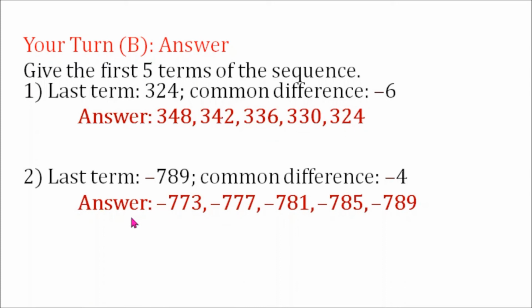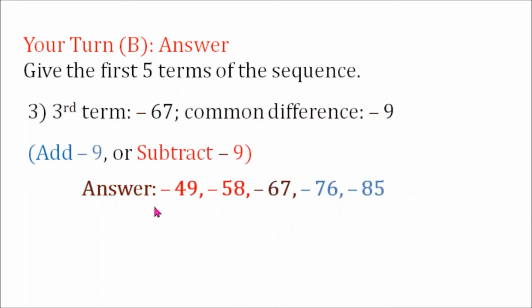Now, number 2, the first 5 terms are negative 773, negative 777, negative 781, negative 785, and negative 789. For number 3, the first 5 terms are negative 49, negative 58, negative 67, negative 76, negative 85.